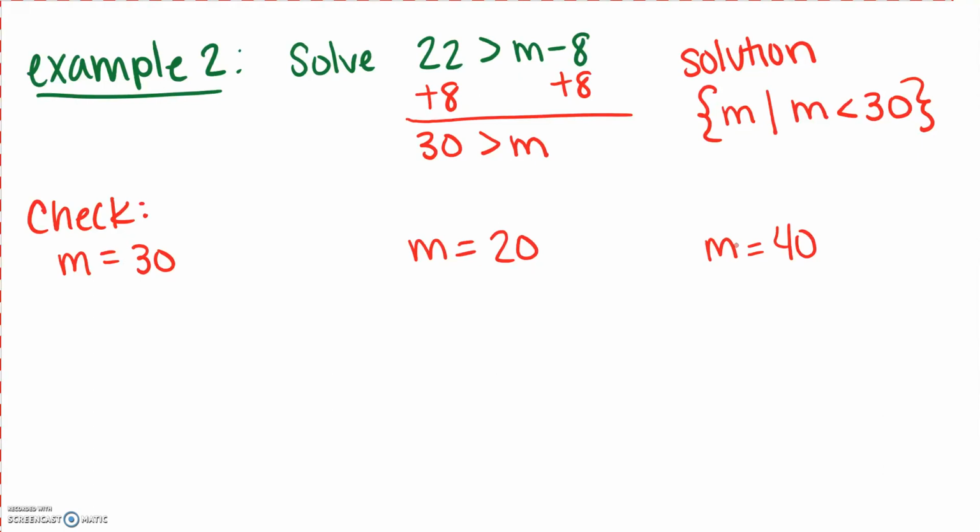So when we substitute the values in for m, we get 22 is greater than 30 minus 8. 30 minus 8 is 22. So I have 22 is greater than 22.